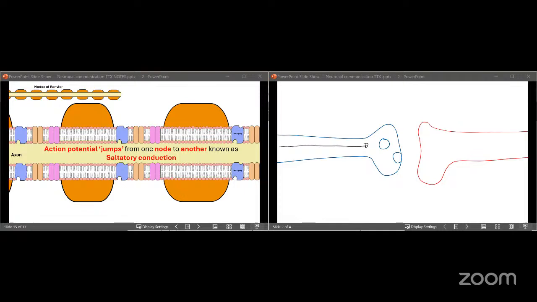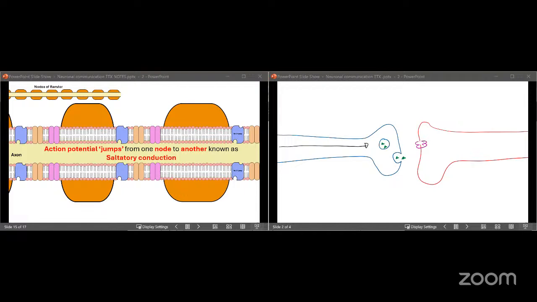And if they fuse with the membrane, that will result in the release of the neurotransmitter into the synapse, into the synaptic cleft, and that can then bind to receptors which are on the postsynaptic membrane.